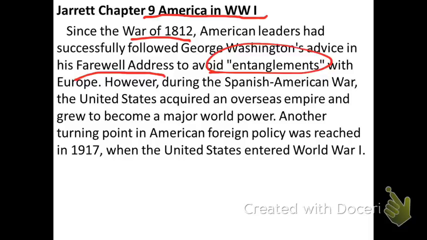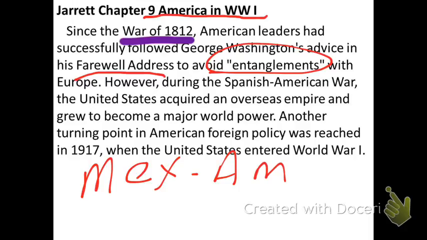Now, there were a couple times when we did not, the War of 1812 being one of them. The Mexican-American War, which was fought in 1848, was a second one. And then finally, of course, you have the Spanish-American War, which is mentioned right there, which was in 1898.